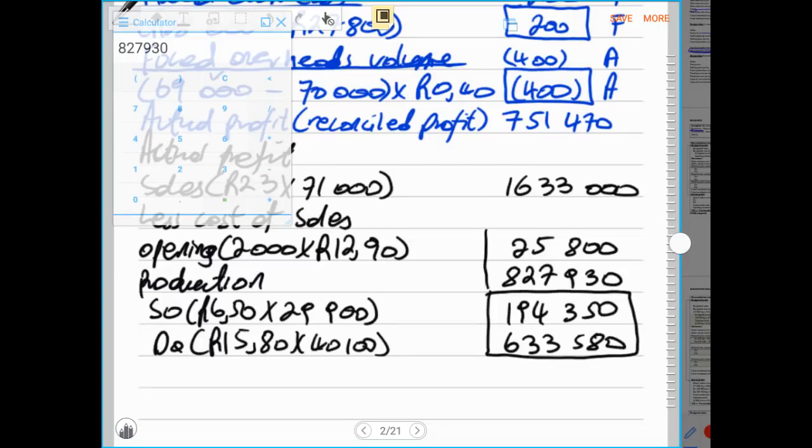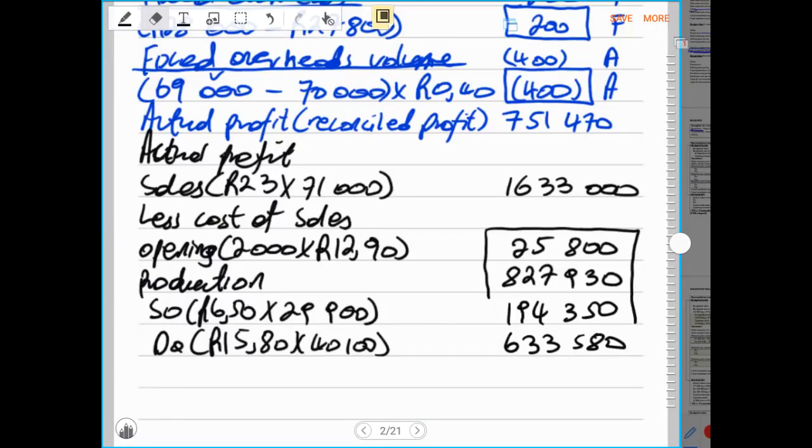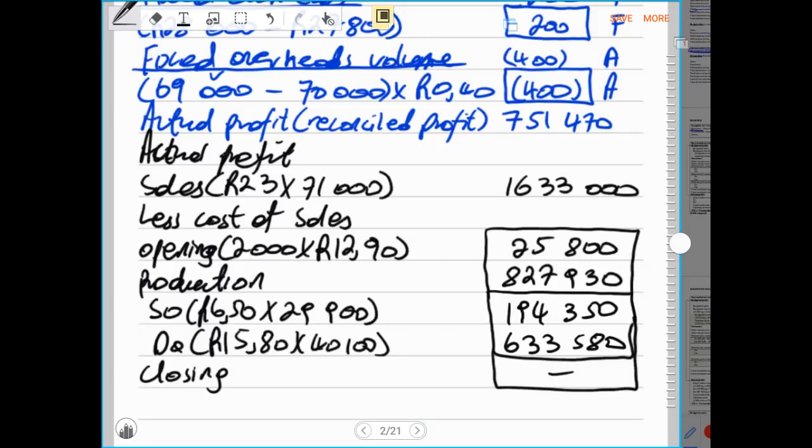Then there was opening, and don't forget that if there was closing, this would have been taken into account in this box where we say closing, but there was no closing in this case.